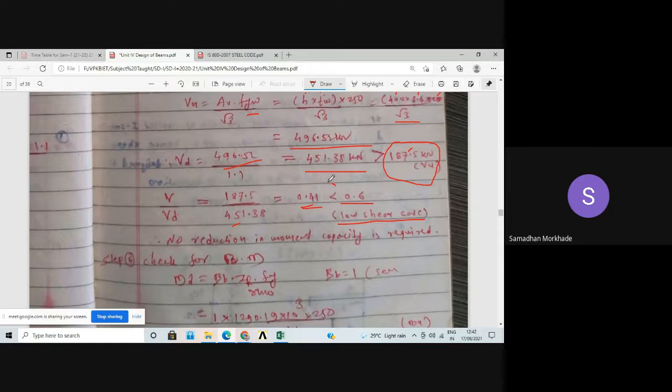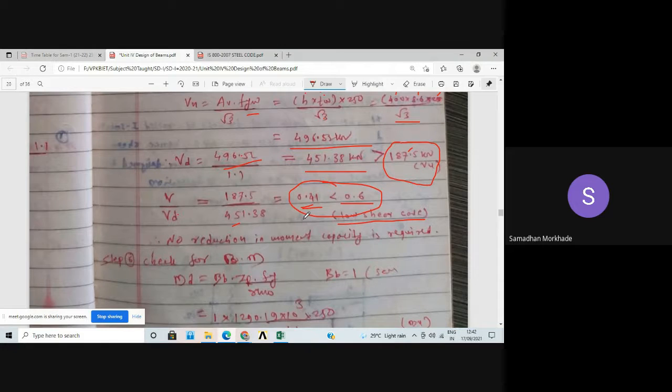Why are we doing this check? The reason is that if this value is more than 0.6, the shear force is going to reduce the bending moment capacity. We have to use another equation for bending moment, MdV, because bending moment capacity is going to be reduced due to high shear.